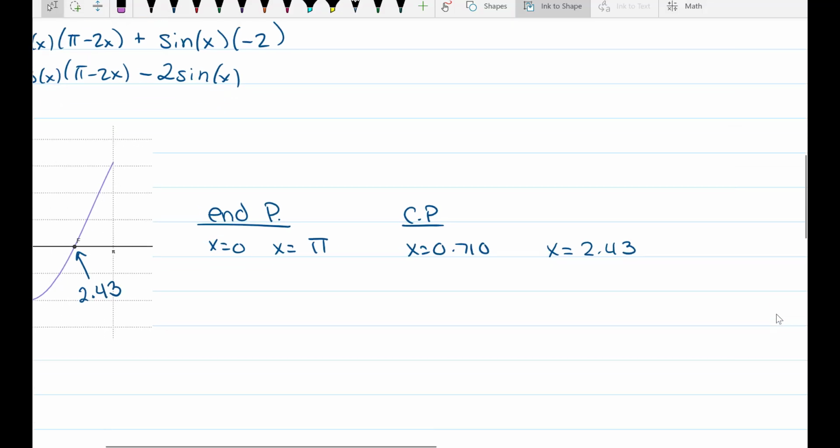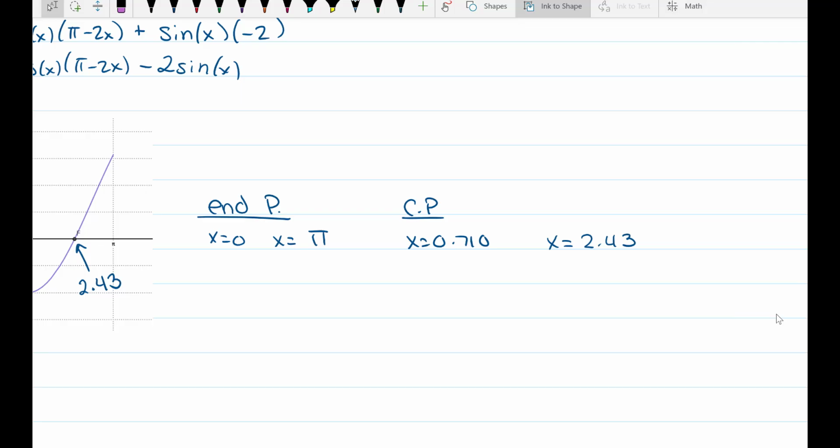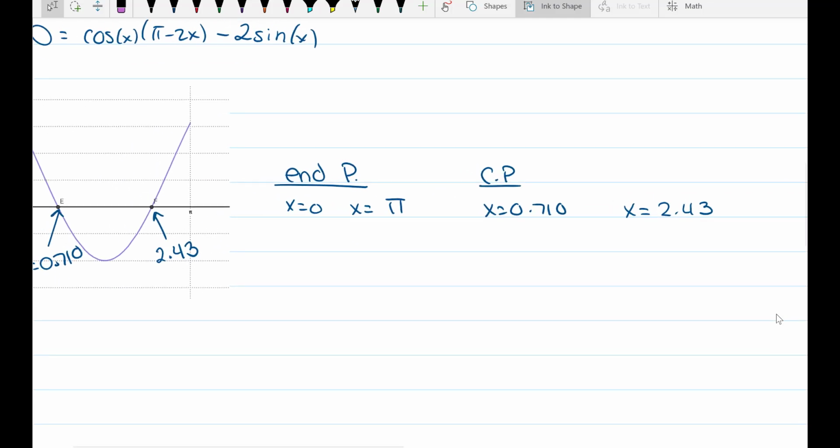So we're going to plug these all into our area formula in order to find which one has the largest area. Because we're only in terms of x, we don't actually need to solve for the second y value. If you wanted to, you could. So the area is equal to sine of 0 times pi minus 2 times 0. I'm sorry, it's being multiplied.